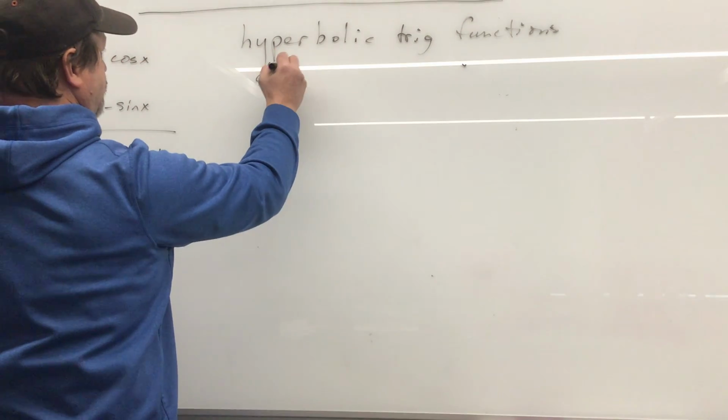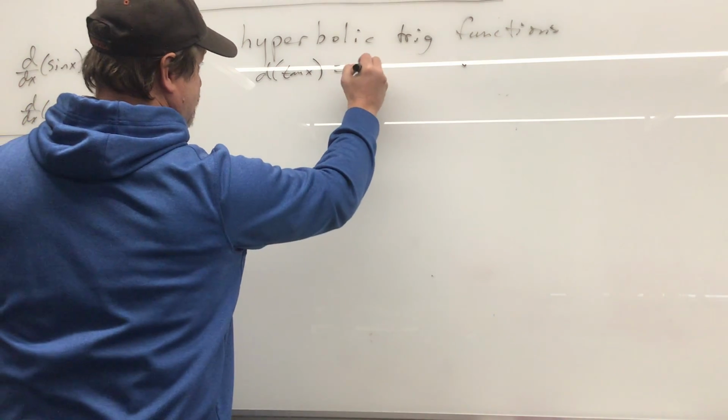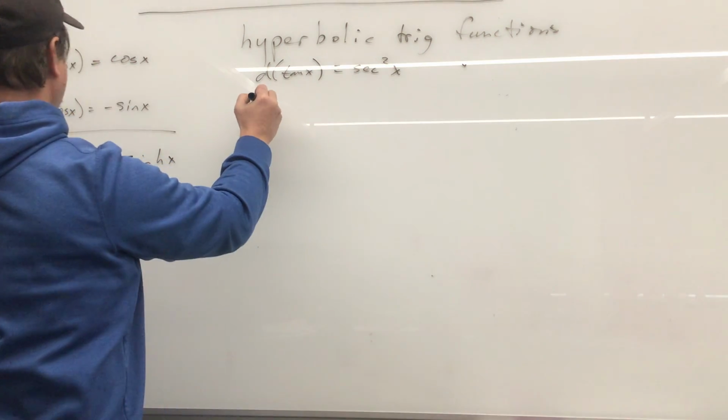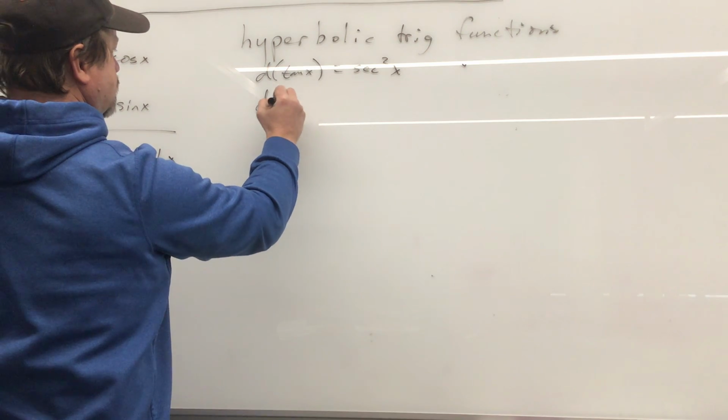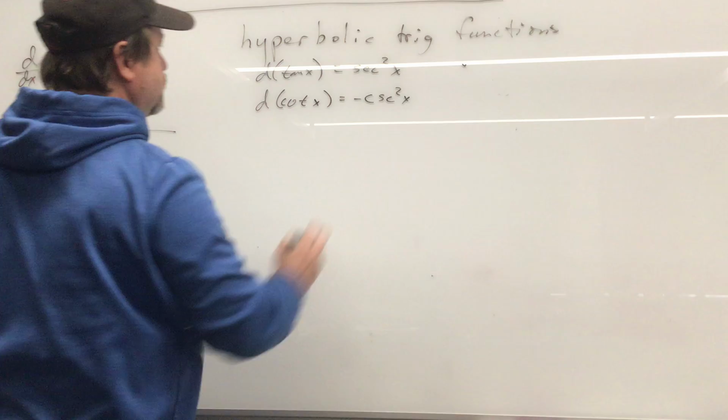So we also have the derivative of tangent, and we know that to be secant squared. We have the derivative of cotangent, and we know that to be negative cosecant squared.